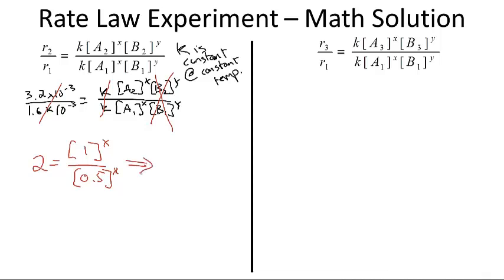So if I do this, what can I simplify 1 to the x over 0.5 to the x as? Two to the x. So 2 equals 2 to the x. Now if you're really into math, how can I solve for x? Yeah. So ln2 equals x ln2. Or you can do logs, you can do natural logs. So x equals 1.